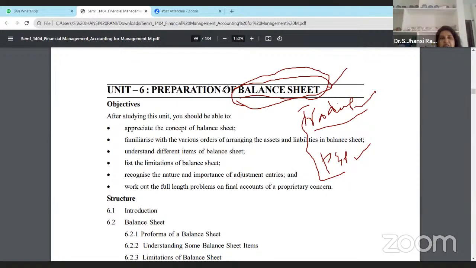Yes or not? Business is due to the owner. So capital is also a liability, because one day when the business gets closed, the amount should be paid to the owner. So capital is a liability. Any loan taken from the bank, we are due to the bank, so that is also a liability.